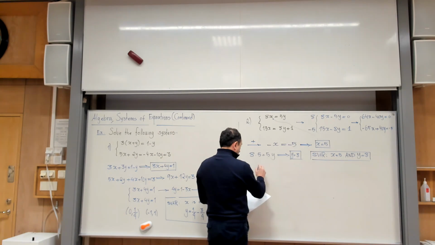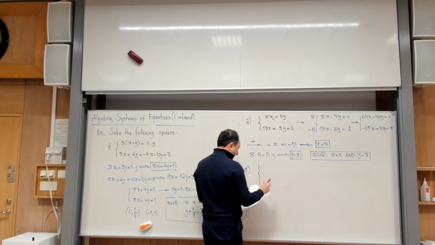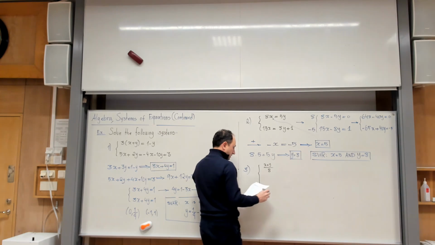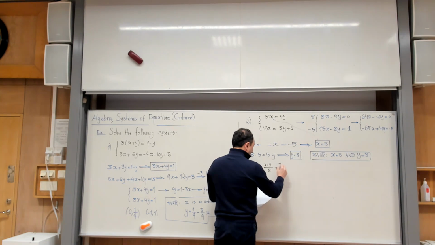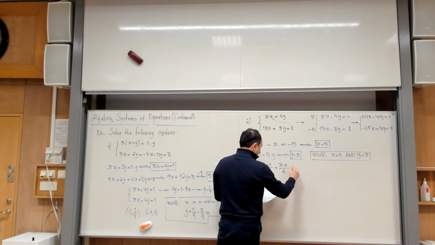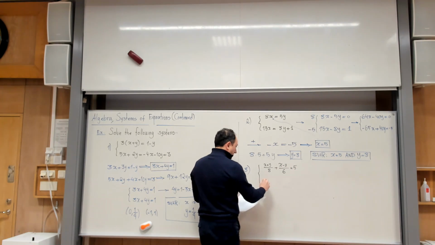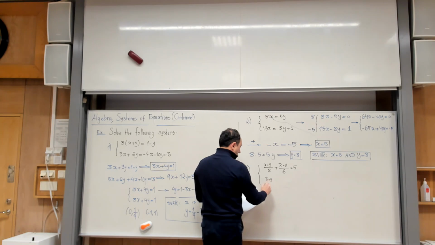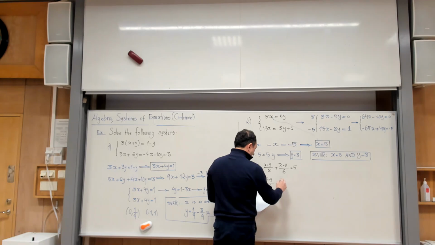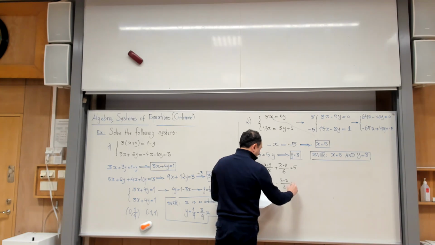The system is a little bit lengthy, so it's (x plus y) divided by 8, plus (x minus y) divided by 6 is equal to 5, and then I have (x plus y) divided by 4 minus (y minus x) divided by 2 is equal to 10.